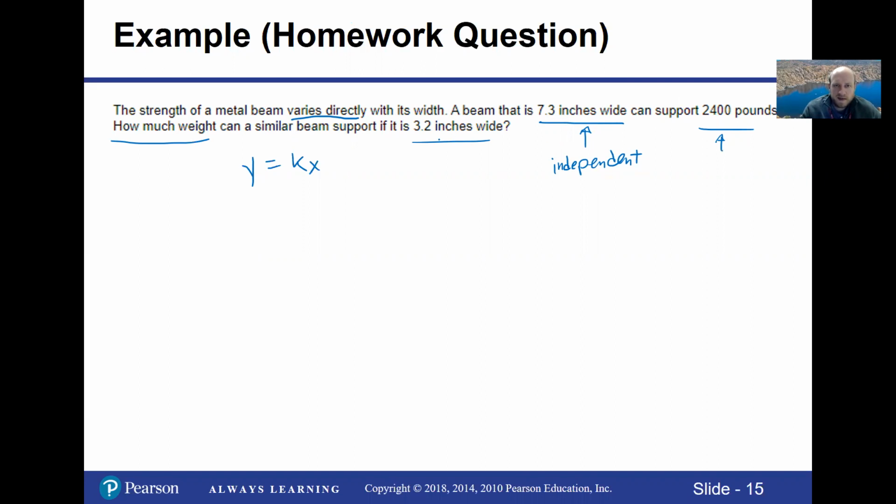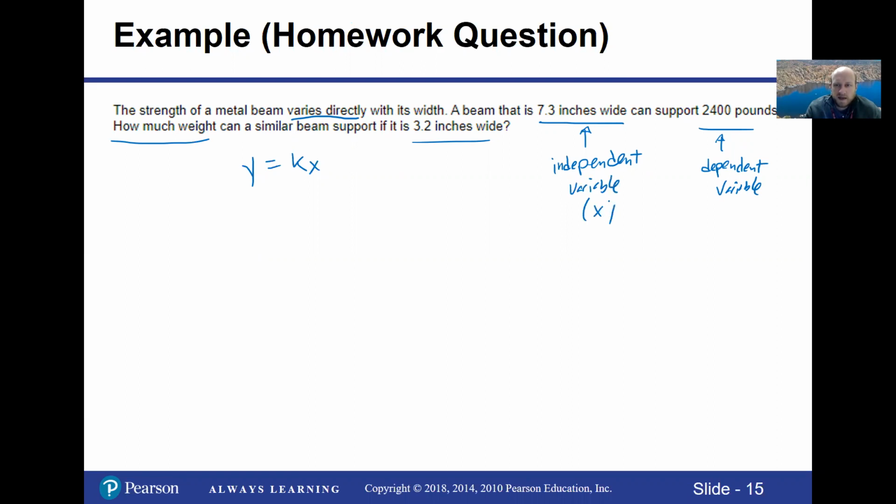The pounds that the beam can support depend on the width of the beam. So this is a dependent variable. And this one, again, was an independent variable.